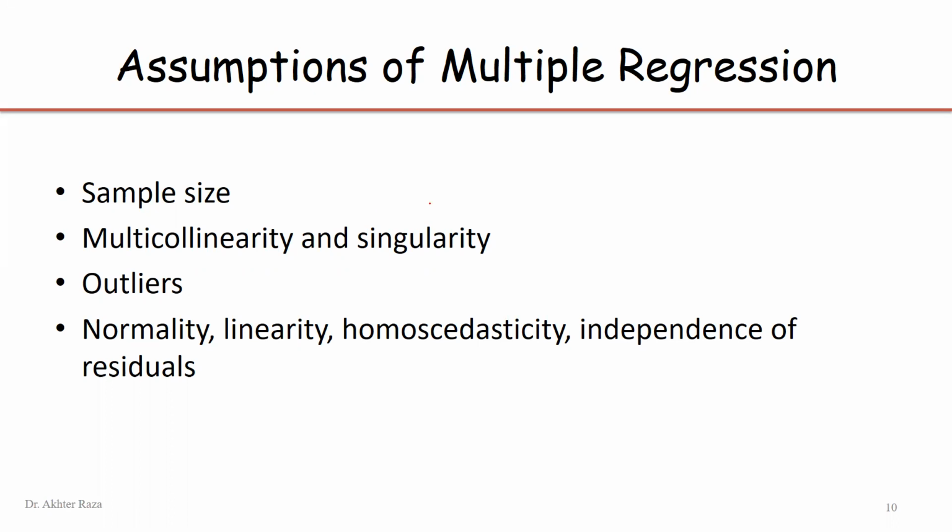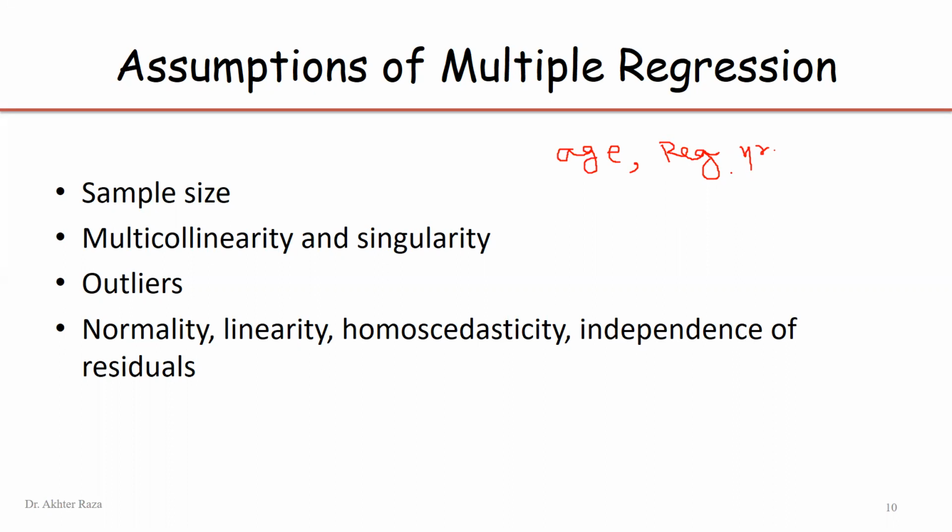Suppose one predictor is the age of a car and another predictor we have is the registration year. With the help of the registration year, we can calculate the age.